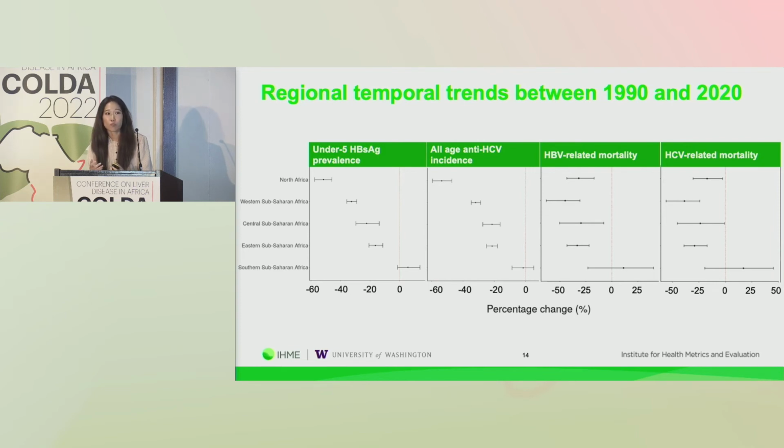There has been great success in reducing under-5 hepatitis B prevalence, hepatitis C incidence, as well as mortality. Southern Sub-Saharan Africa has mean estimates around 0, but this is the region that had a low burden of hepatitis B to begin with, so they were kind of staying still.